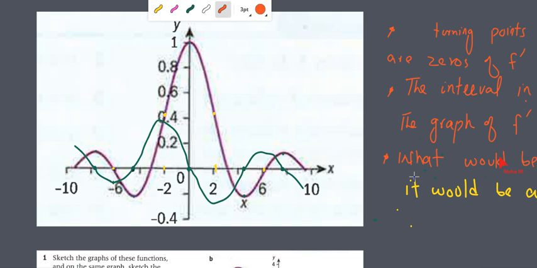So what are the conditions now? For the red function, what is my main function? I will look at the green function now. So the conditions are the same.